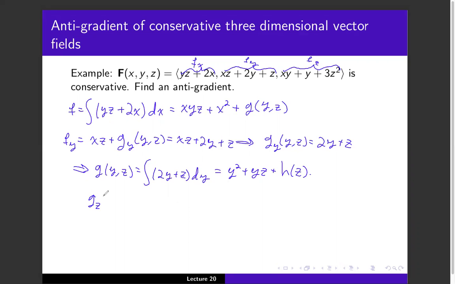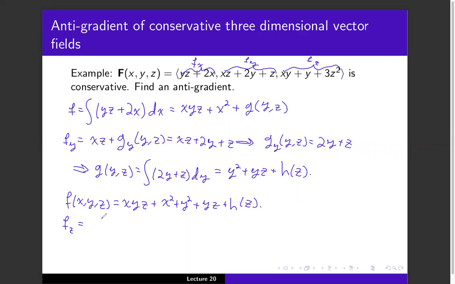But if you differentiate g with respect to z, what do you get in that case? Here's a better question to ask. Rather than saying what's going to be g_z, what we know now at this point is that f of x,y,z is xyz plus x squared plus y squared plus yz plus h of z.